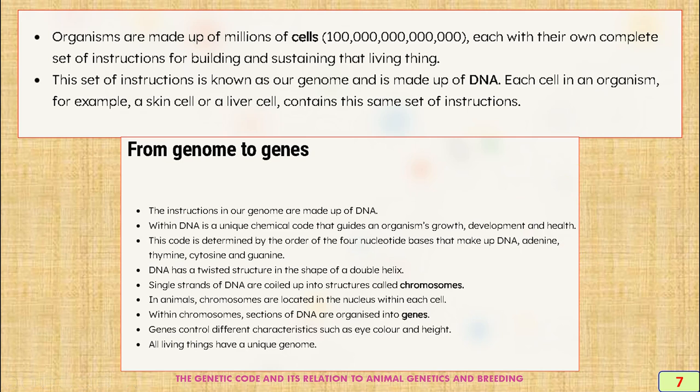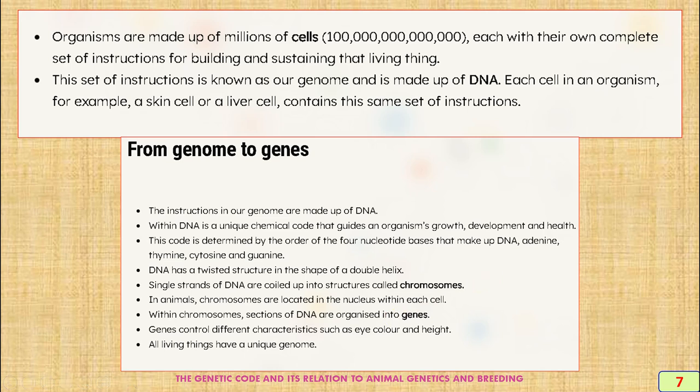This code is determined by the order of four nucleotide bases: adenine, thymine, cytosine, and guanine. These we can call the genetic code. These are the basic material responsible for the genetic code.